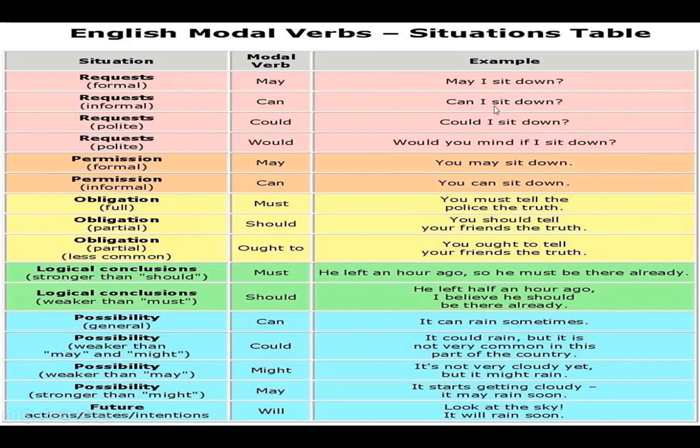You can say, can I sit down? Or another word for a polite request, could I sit down? Being more polite. Or another request, also polite, is a synonym in usage, though with different translations into Spanish. Polite request: would you mind if I sit down? This is being completely polite.